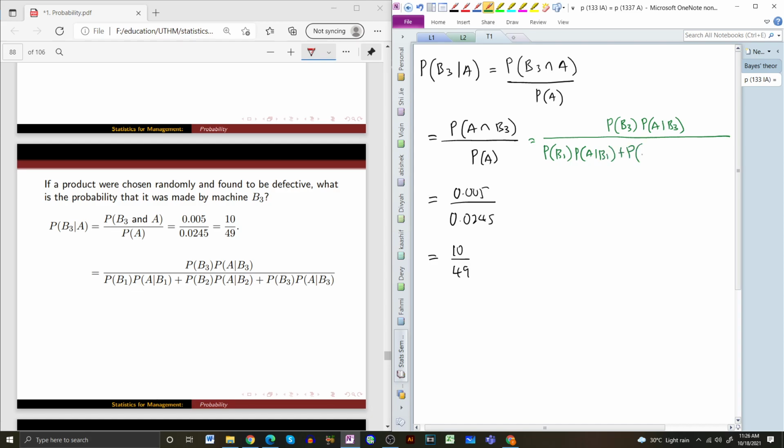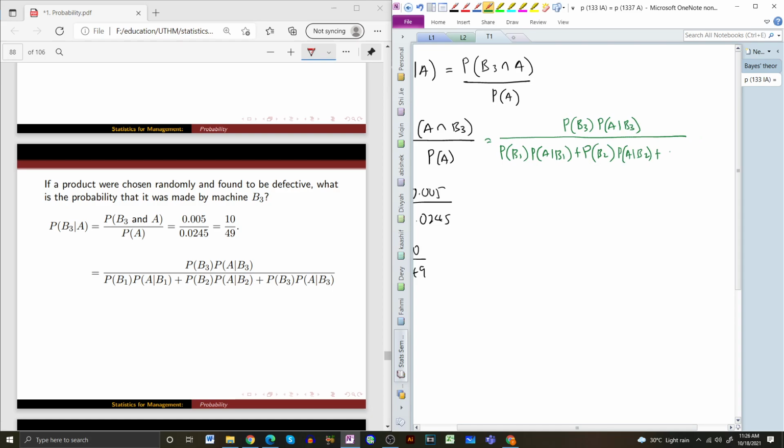This is how we find PA just now. Remember? The formula looks complicated and long, but if you do exercise, you don't need to. You will get used to it later on. So basically, this is your Bayes formula.